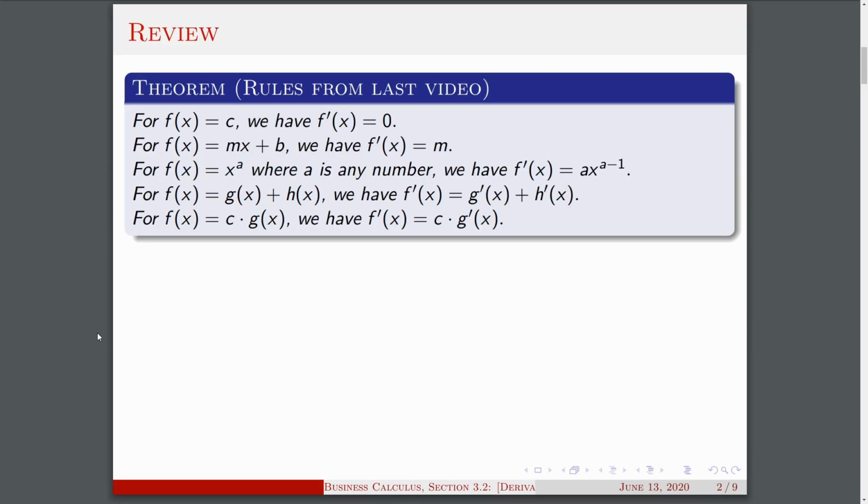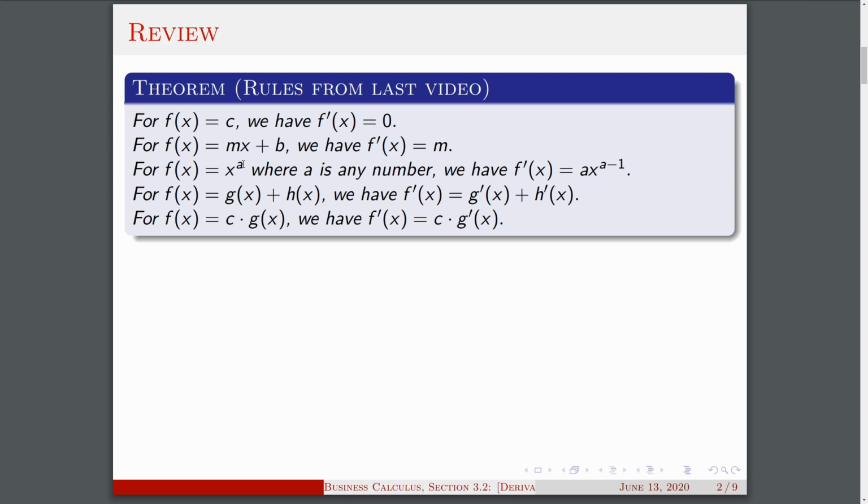So let's talk about what we learned last video, because it's very much related to what we're going to learn today. So we talked about how if we have a constant function, then the derivative is 0. If we have a linear function, then the derivative is the slope.